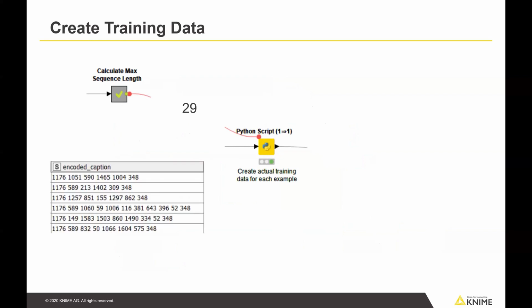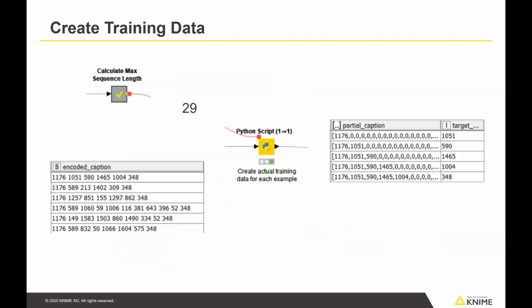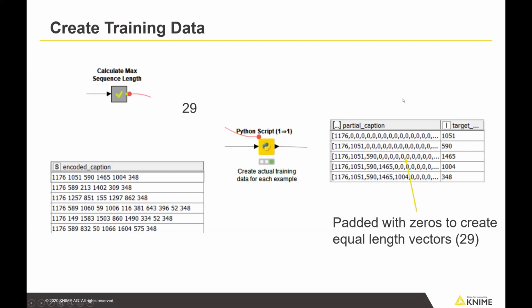It also gets as input our encoded captions, where we replaced all the words with the corresponding indices. As output, it outputs this iterative format of our data, so we have all the possible partial captions and all the next words in 2 columns. Here one can note that in order to create a fixed dimensionality of these partial captions, we pad everything with zeros, such that each of these vectors has the same length.